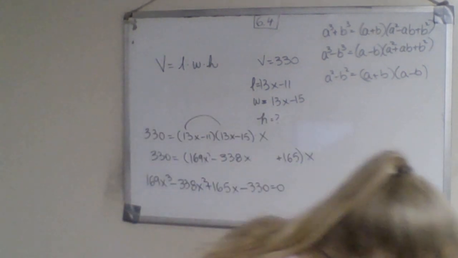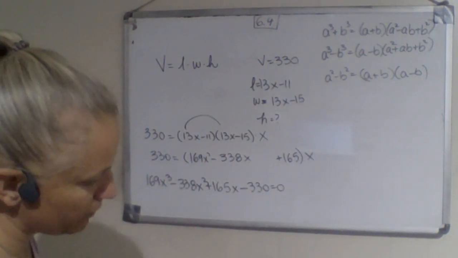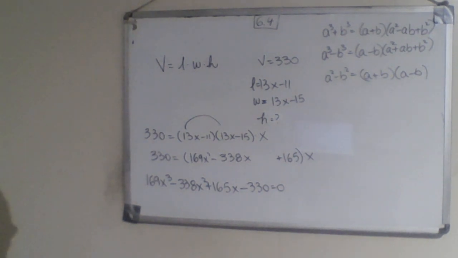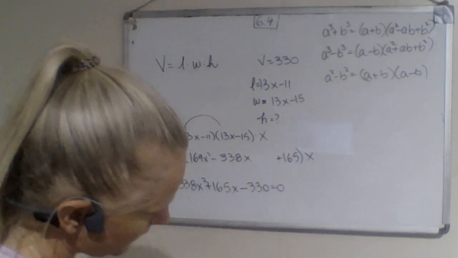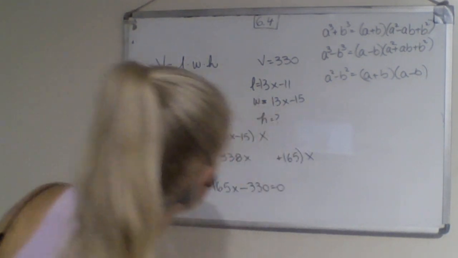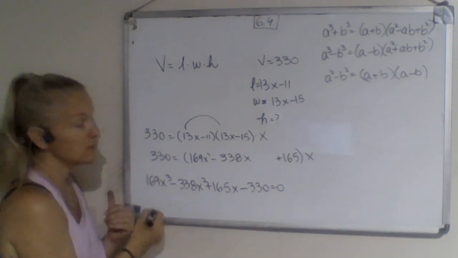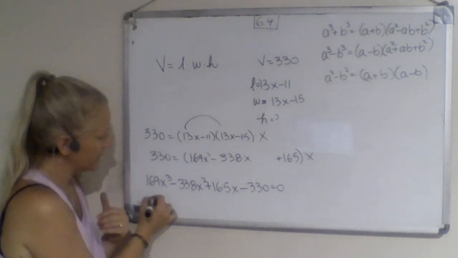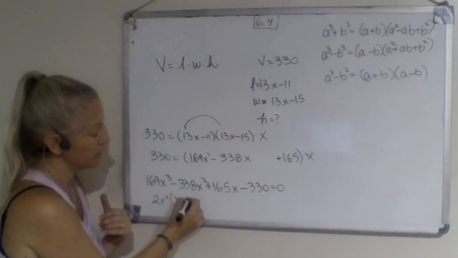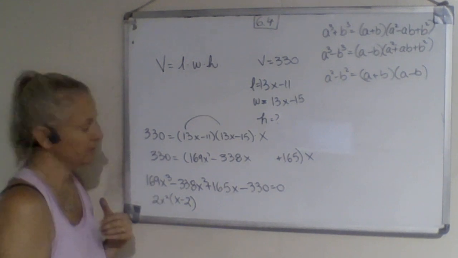This is one really, really ugly problem, believe it or not. Now I'm going to look at them and ask, is there anything that I can get out of them to somehow get them to look alike? And believe it or not, if you double this, you're going to get that. So this is specifically made that way. I can get 169x squared out of this, ending up with x minus 2, because 338 divided by 2 gives me 169.